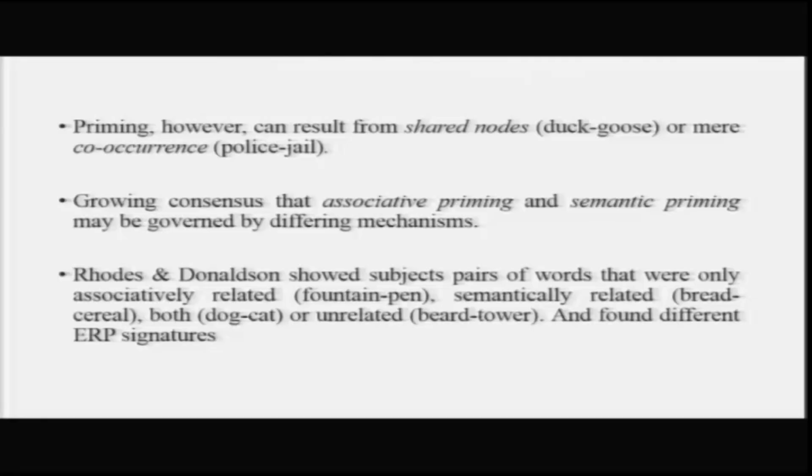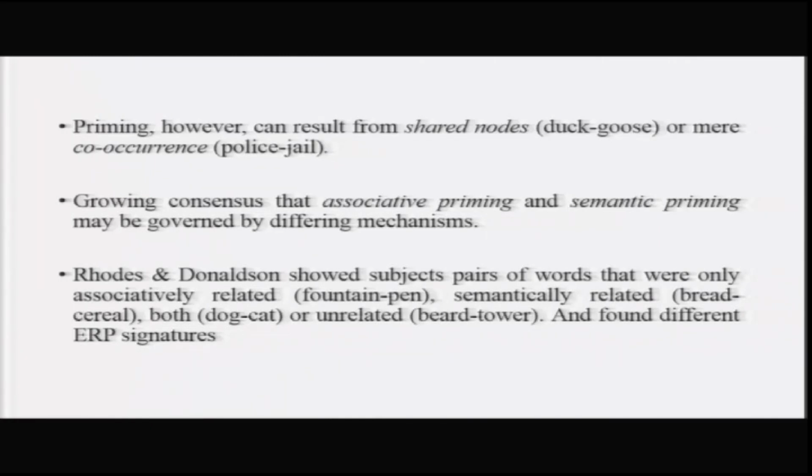So Rhodes and Donaldson did this study. They showed subjects pairs of words that were only associatively related, fountain, pen, or semantically related, bread and cereal, or related in both ways. So dog and cat are both mentioned together and they also have semantic relationships. Or completely unrelated, and they actually found different ERP signatures.